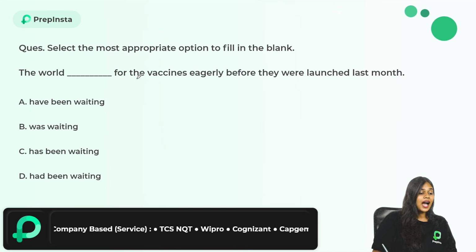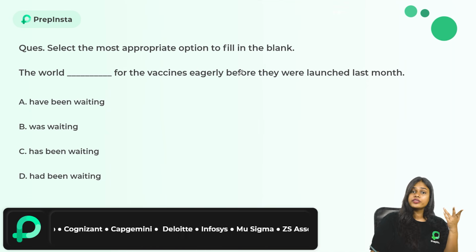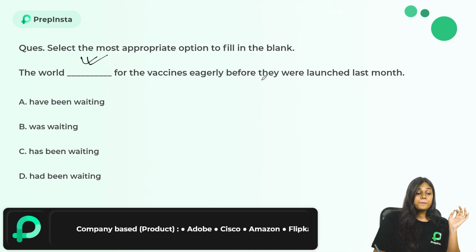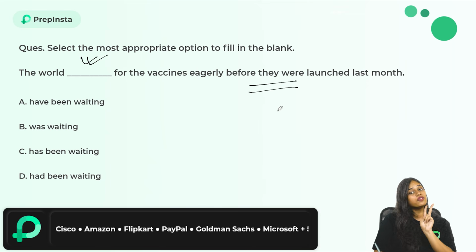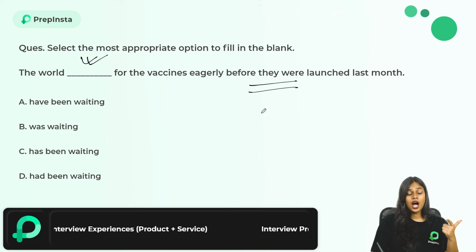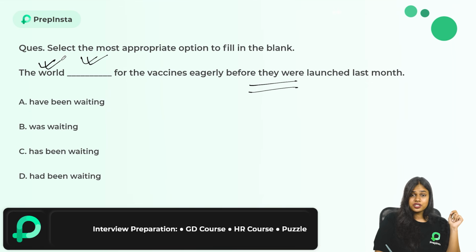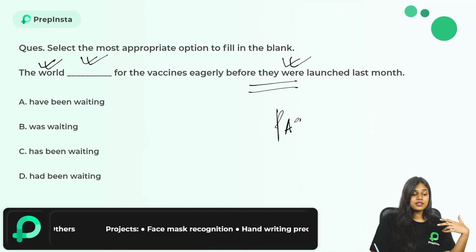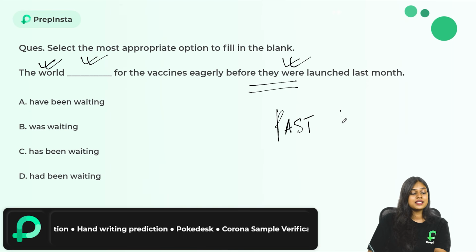The world dashed for the vaccines eagerly before they were launched. So the world has been doing something before something happened. So we have two actions over here, the world waiting and the vaccines launching. Now, whenever the first action is completed before the second action in the past, it always takes the past perfect form.